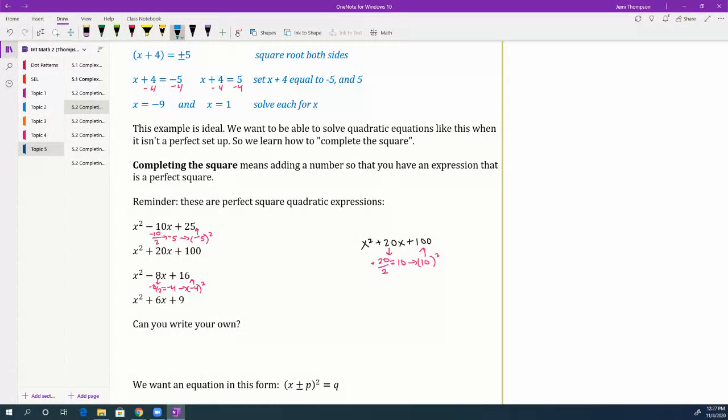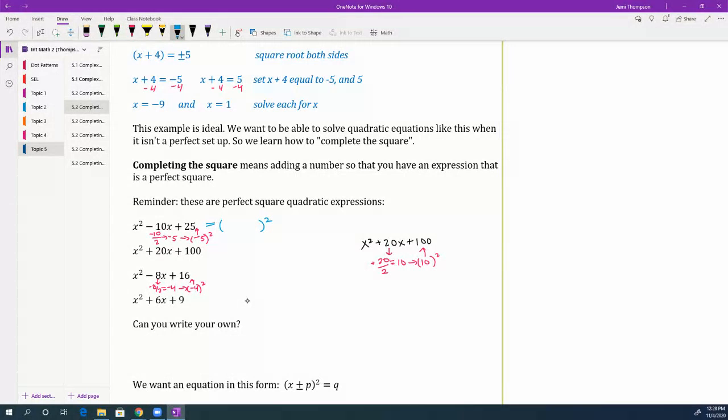Now, how can I write that as a perfect square? The reason this is a perfect square trinomial is because it factors as something squared. So what is that something squared? Well, you could go through the process and take x squared minus 10x plus 25 and factor it every time.